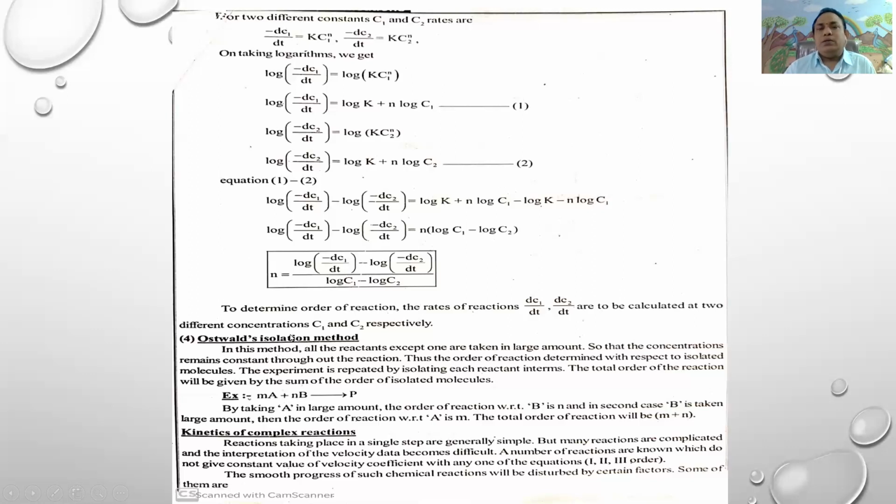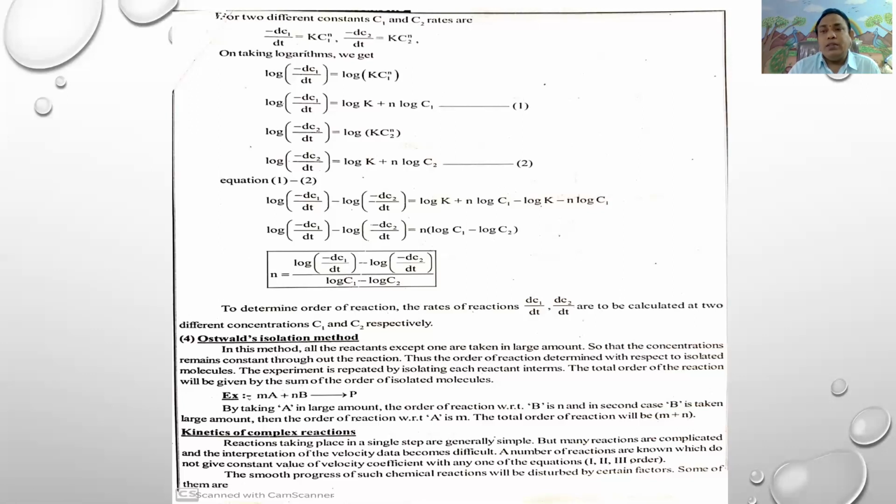Simply, it can be stated that in this method, during the chemical reaction, two or more reactants participate. Every time one of the reactants is isolated, the rest of the reactant molecules are taken in large quantity.